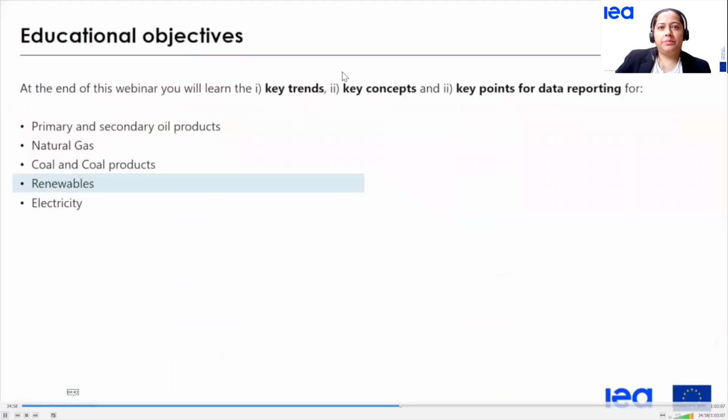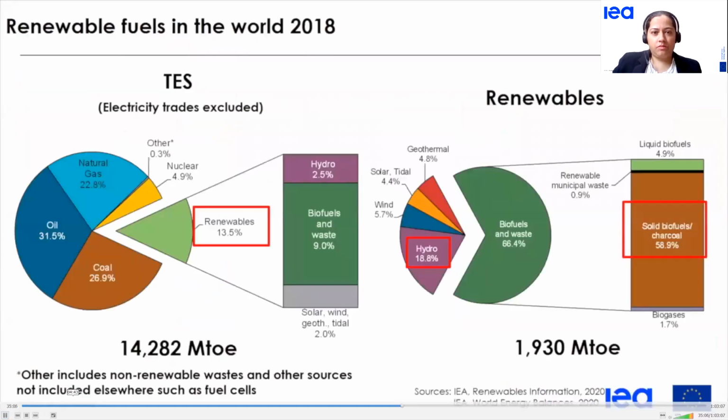So now we will talk about renewables in our energy statistics. So when we talk about renewables, for example, here in the total energy supply, we can see that it represents globally a little bit less than 40% of the total energy supply in the world.